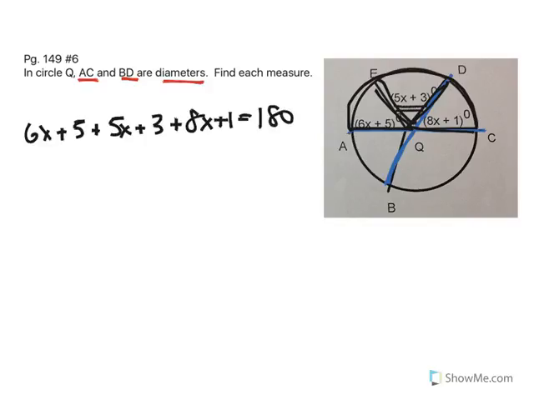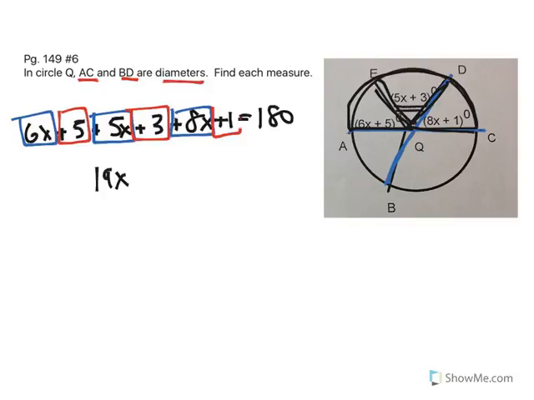Let's combine our like terms. We have 6x, positive 5x, and positive 8x, which gives us 19x. Then 5 plus 3 plus 1 is 9.